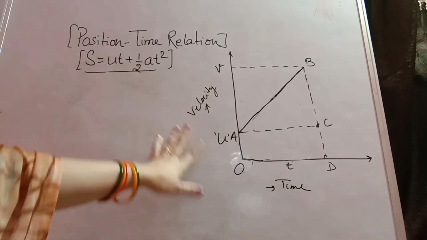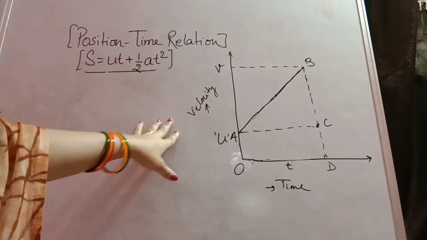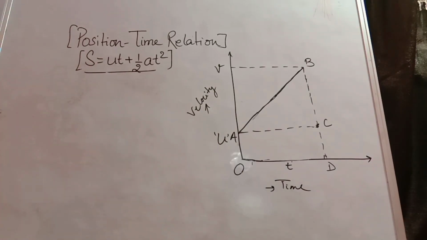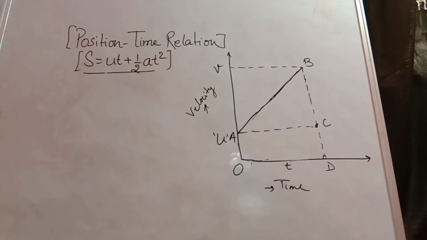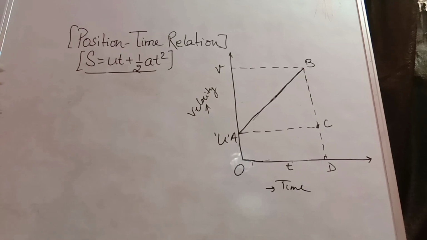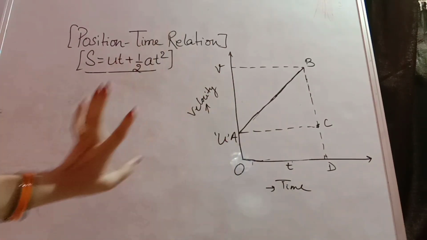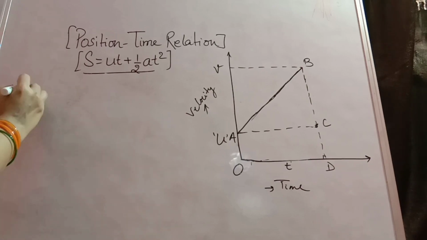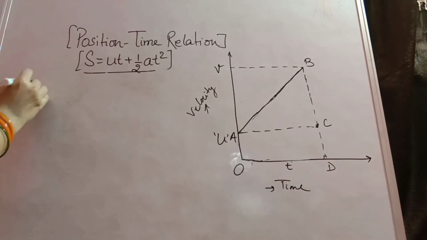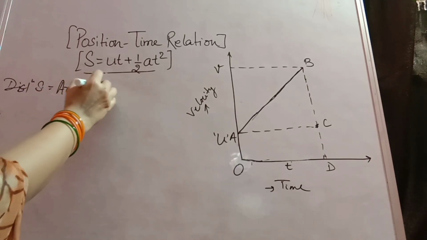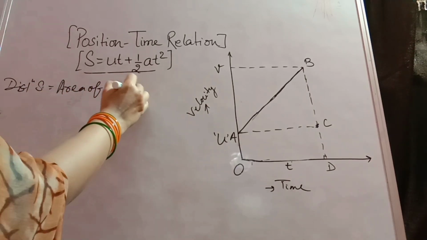Again the same diagram, the velocity time graph. The nature of the velocity time graph in case of uniform acceleration motion. So we have to start: suppose s is the distance covered by the object in time t under uniform acceleration a. So distance s is equal to the area of OABD.